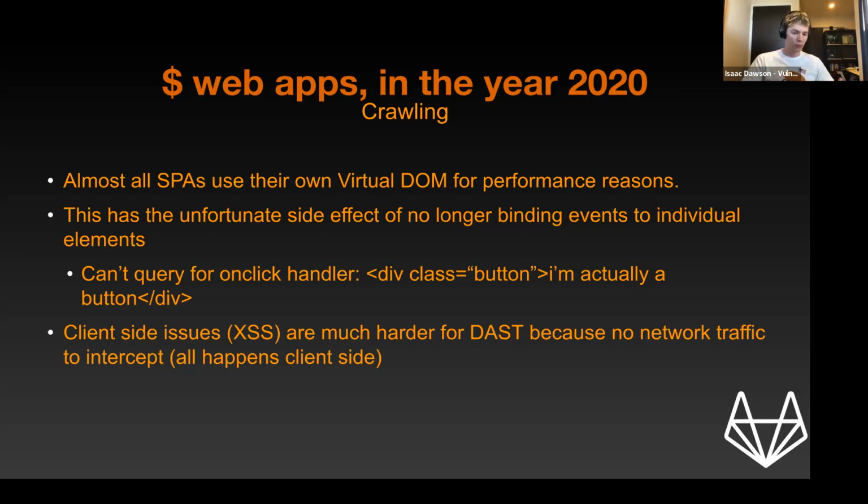So what this ends up meaning is that a lot of client-side issues, such as cross-site scripting, are a lot harder because in some cases there actually is no network traffic. And if you remember, the proxy is the primary core feature of these tools. And if nothing's going through the proxy, the DAST tool has no idea that something just occurred.